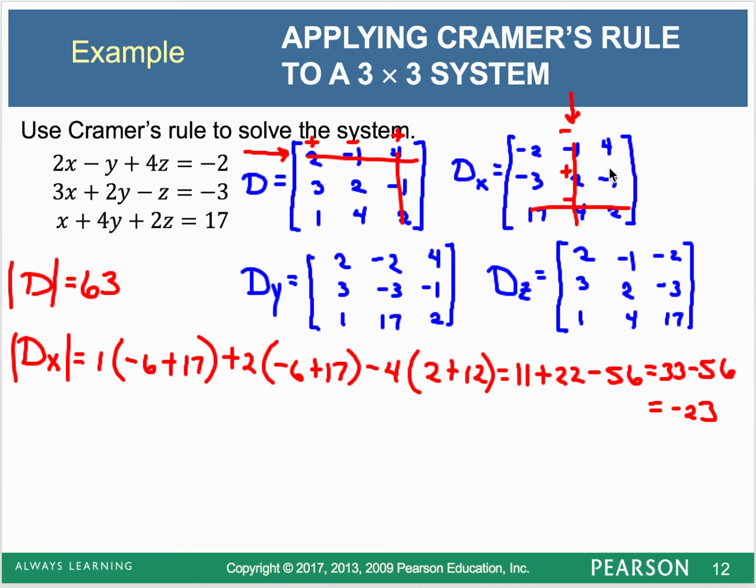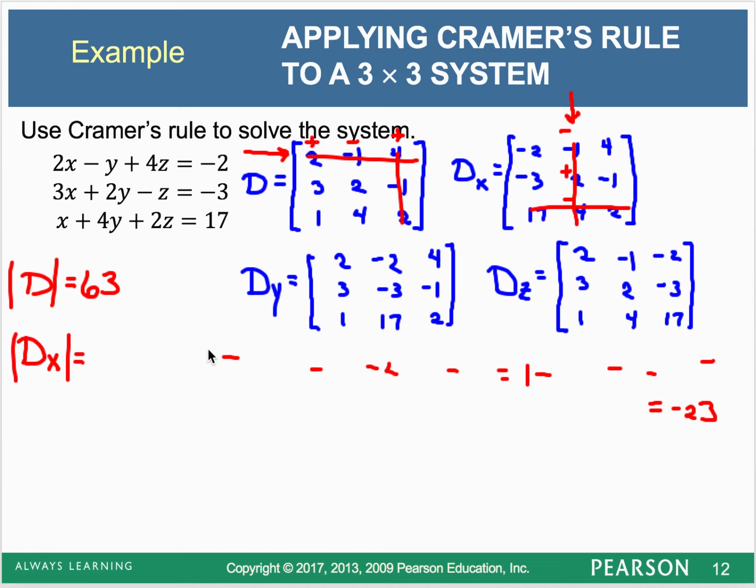Short of going up and rechecking all my determinants, I'm going to erase. Okay, negative 23.